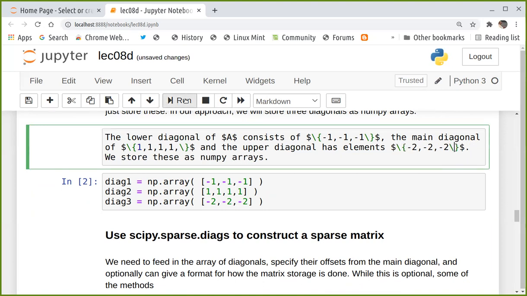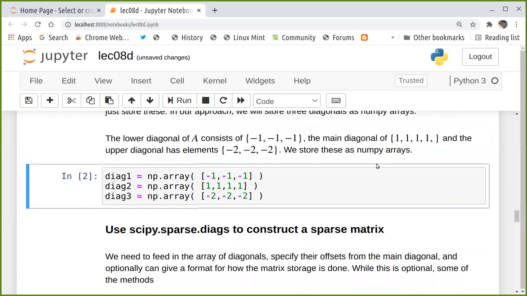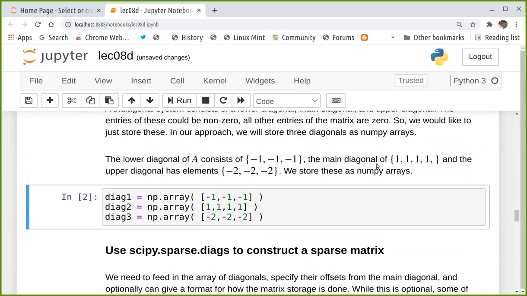Notice that your main diagonal has one more entry than the lower diagonal and the upper diagonal, so you might want to be a little bit careful with that.